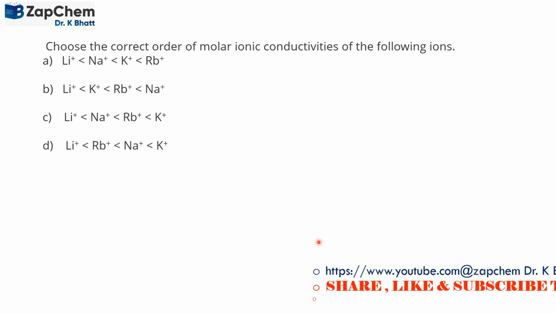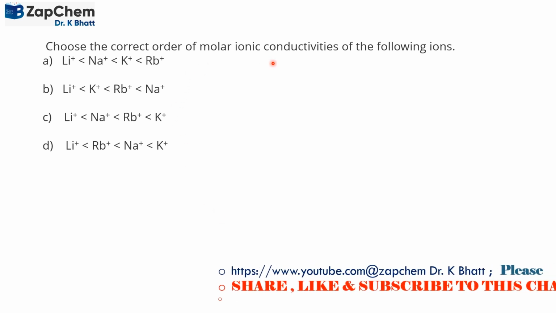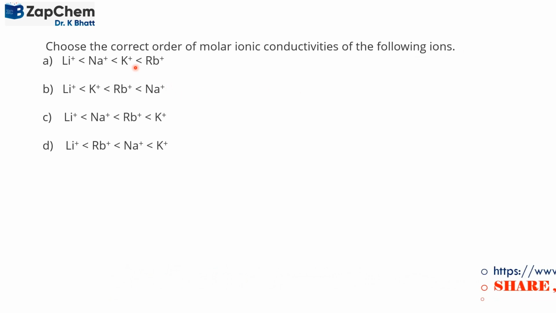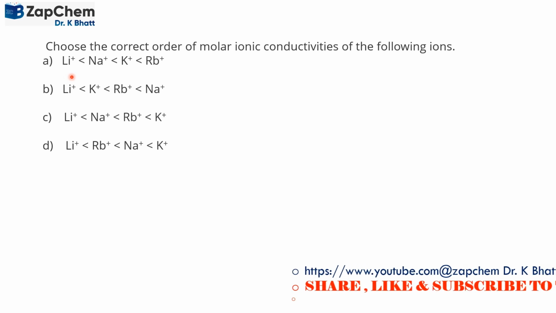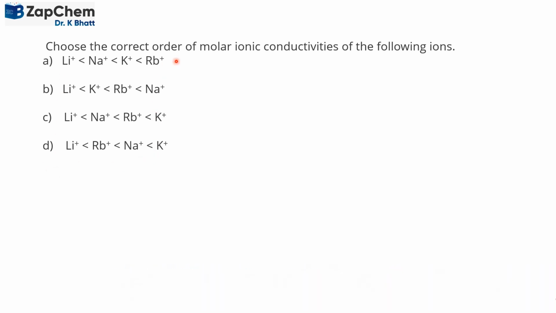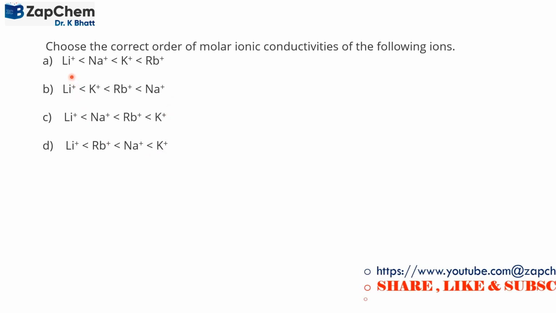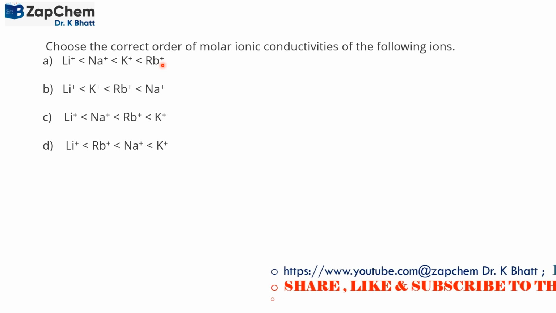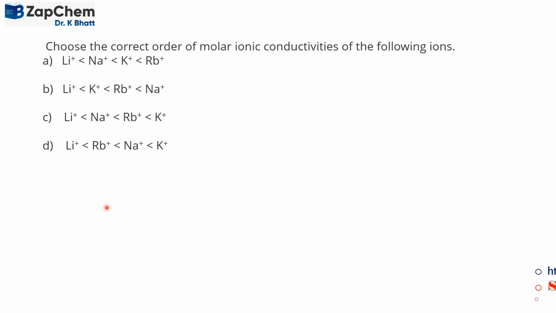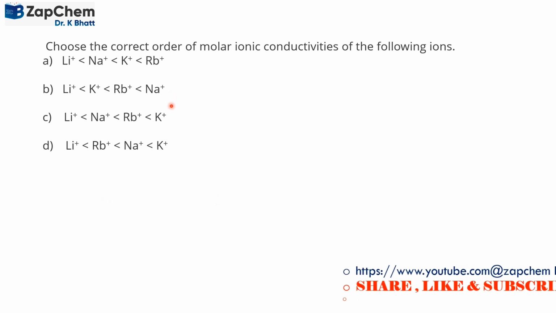Then the question is, choose the correct order of molar ionic conductivities of the following ions. And 4 options are given as usual. We find that the ions which are provided over here in all the options are the elements of group 1, S block elements, that is lithium, sodium, potassium, and rubidium, which are all unipositive.